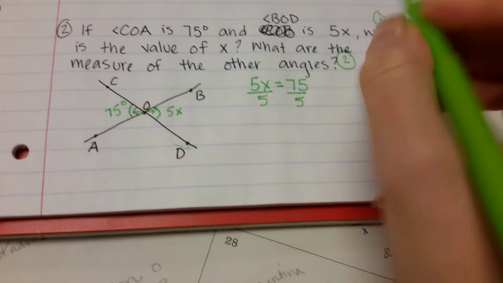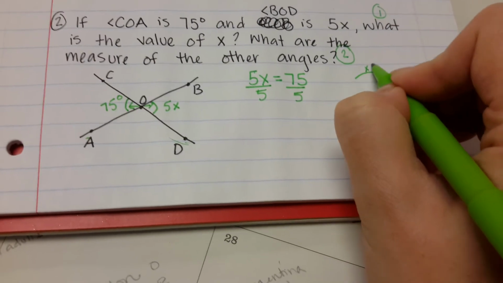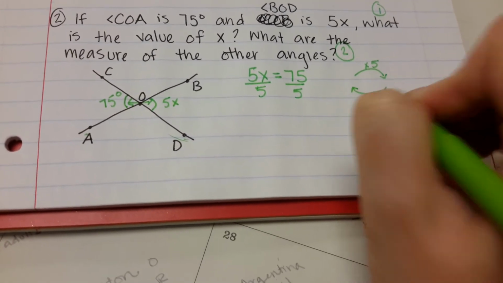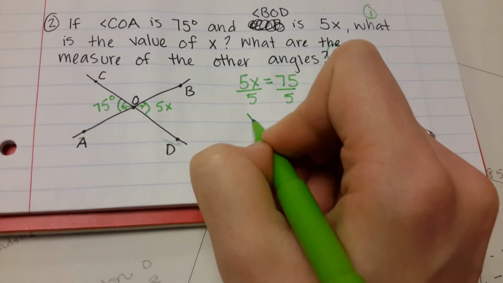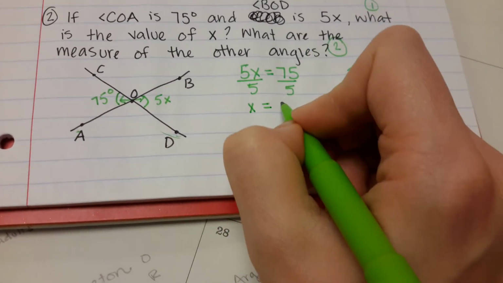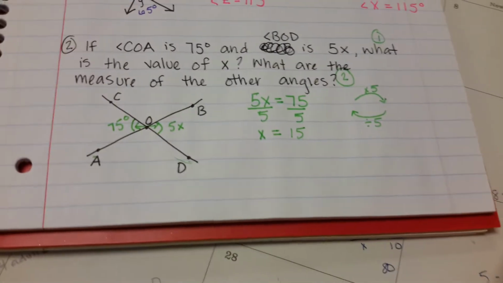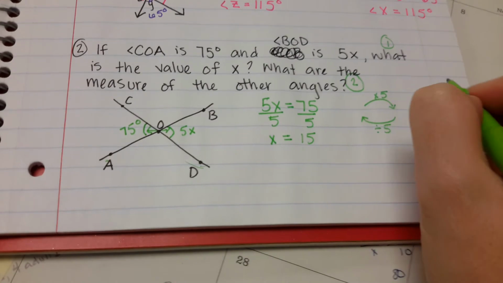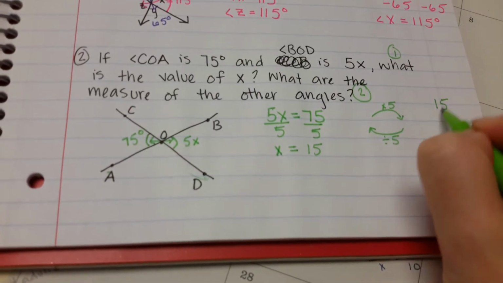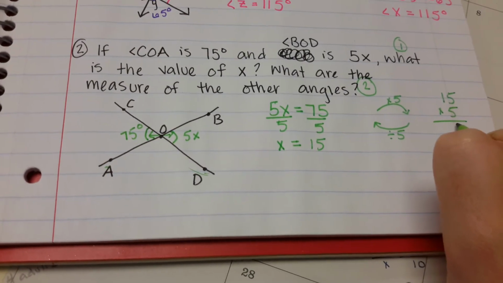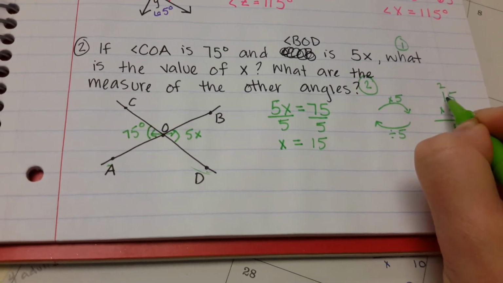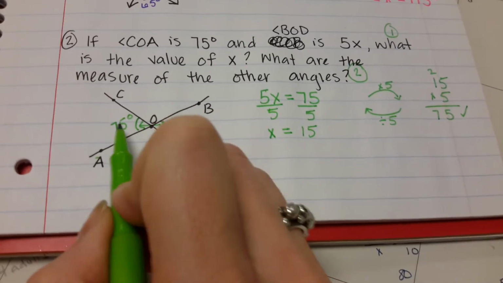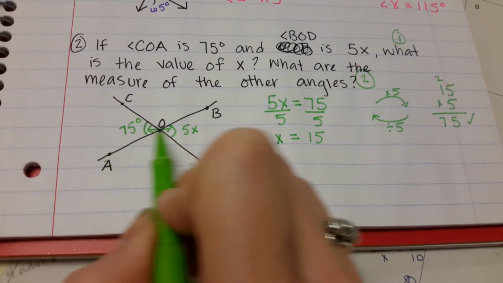So we're going to divide both sides by 5. And we know that x equals 15. And we can double check that. 15 times 5 is 75. We know that has to equal 75 because of our vertical angles.